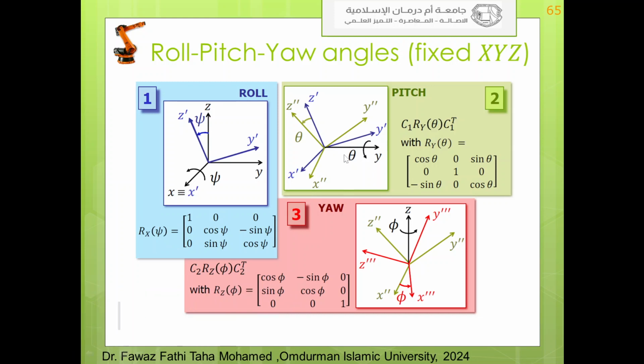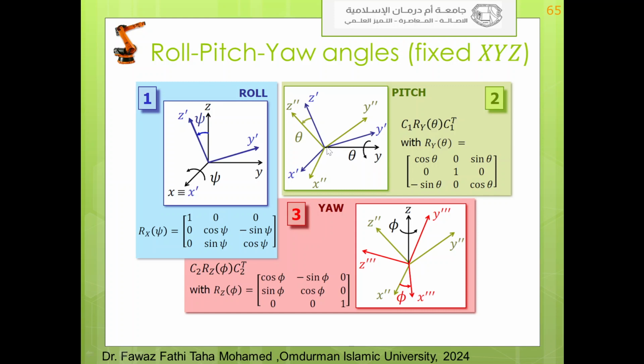Second, we will make a rotation for this new frame, but with respect to the fixed frame, the old frame xyz.